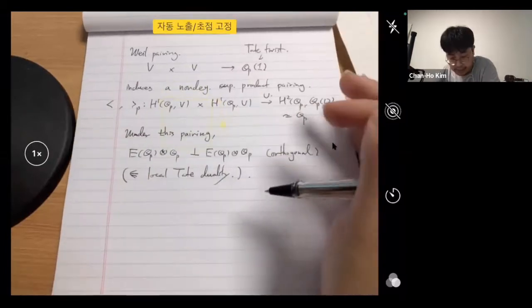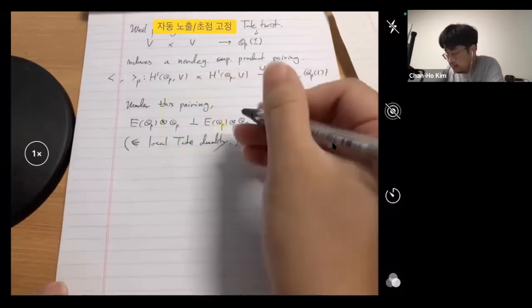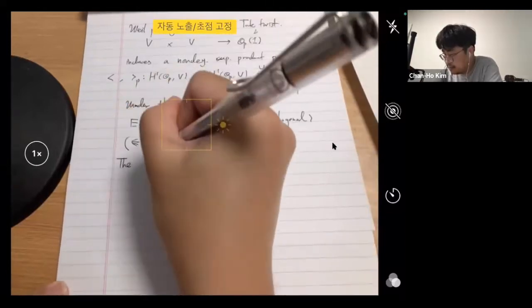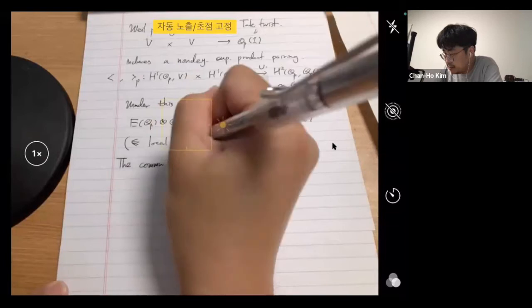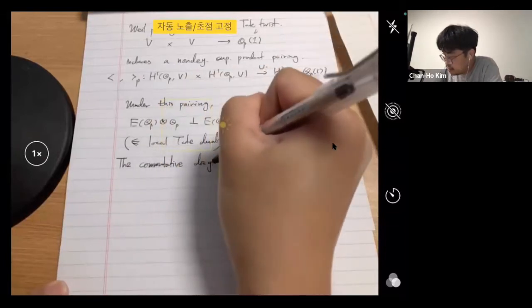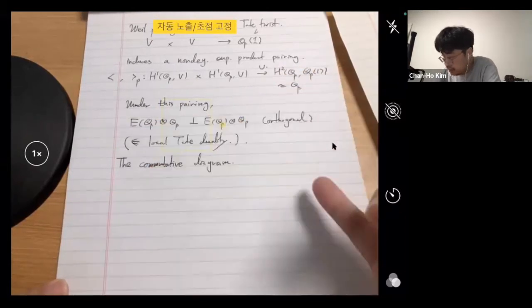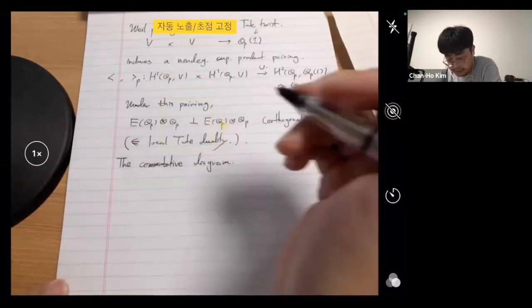And now we have the following commutative diagram. Let me recall the first pairing here.